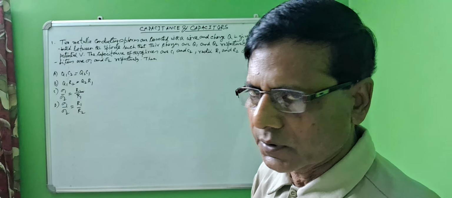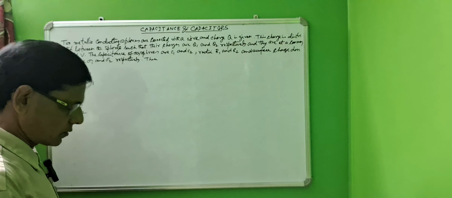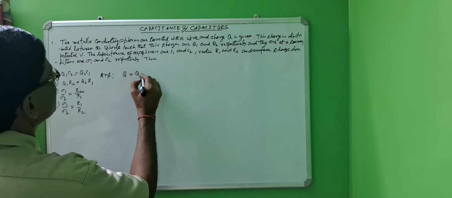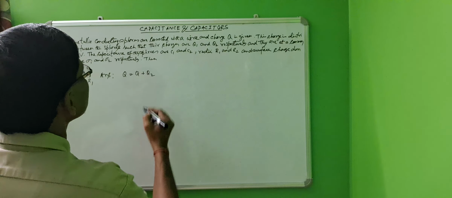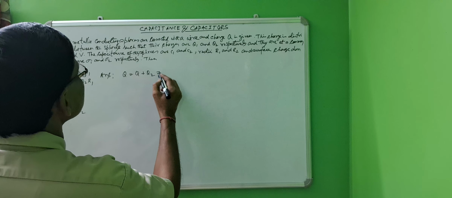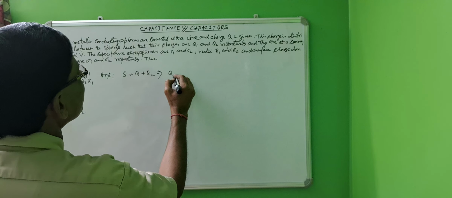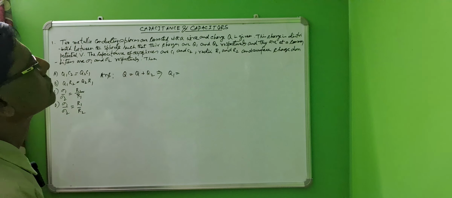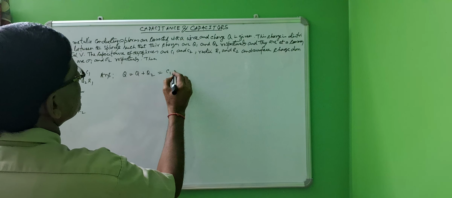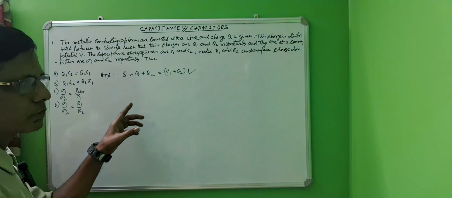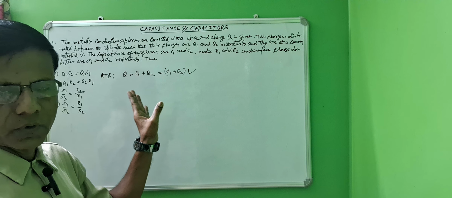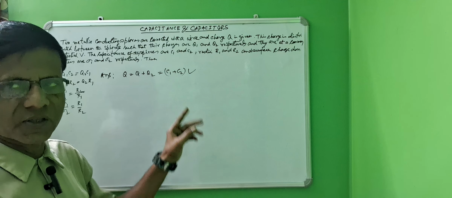This is a very easy problem. We have Q equals Q1 plus Q2, and Q1 equals C1 upon C1 plus C2 times V, because after adding, the charges are Q1 and Q2, which are distributed through the spheres respectively.